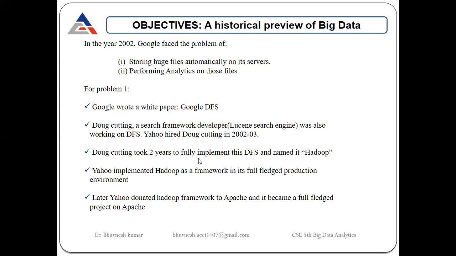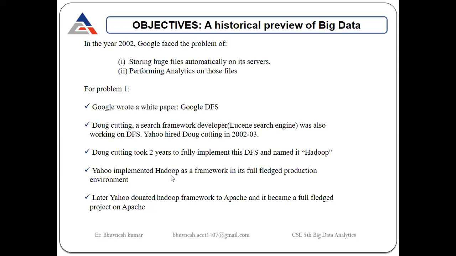Initially Yahoo hired Doug Cutting, a scientist or researcher already working on a distributed file system. When Google faced the problem of storing and analyzing data on its different servers, it wrote a white paper, and Doug Cutting resolved that problem by making a framework, and that framework's name is Hadoop.